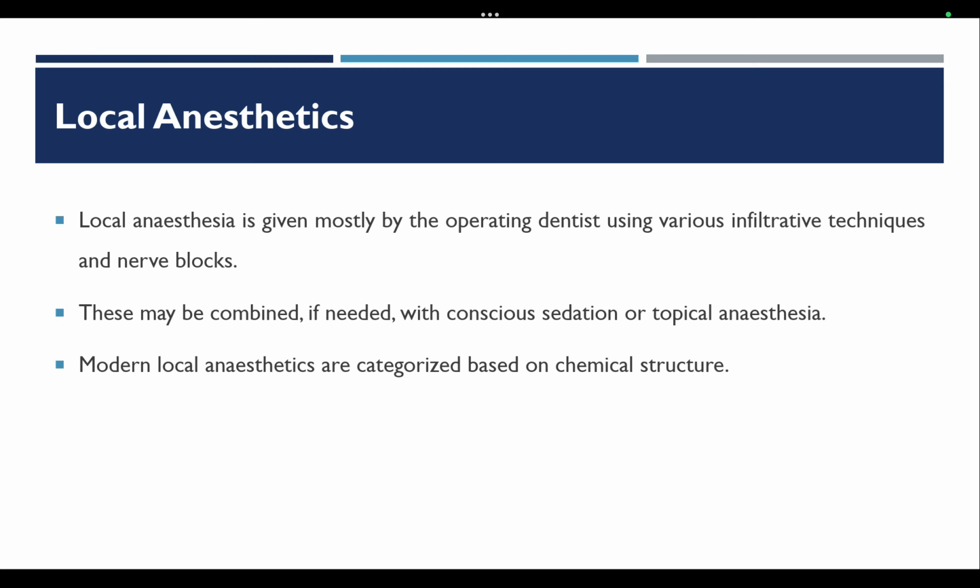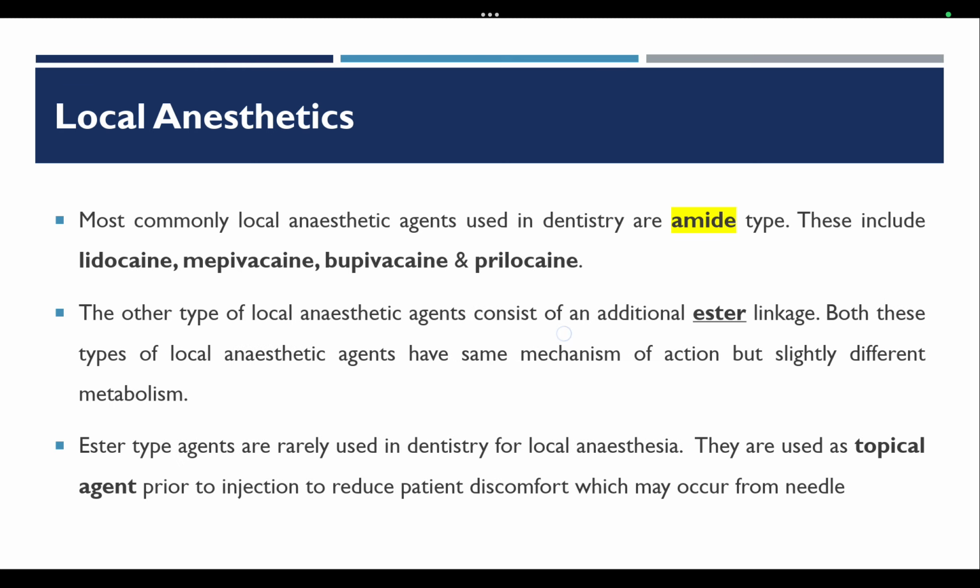As we know from our first studies in dentistry, modern local anesthetics are categorized based on their chemical structure. We have amide and ester, and the amide type is the most commonly used in the dental clinic.